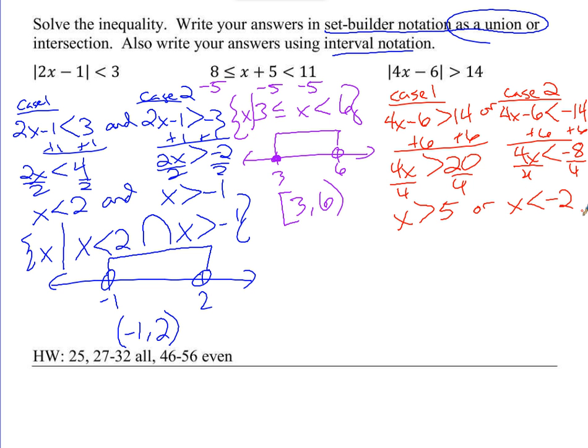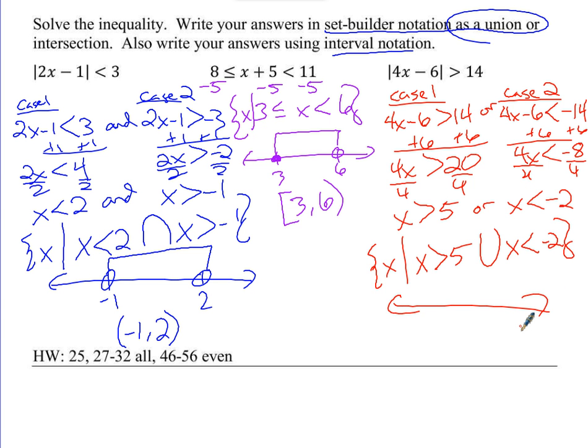Okay, set builder notation using intersection or union symbols. So we have squiggly bracket x such that x is greater than 5, what symbol? Union. X is less than -2. Draw the graph to help with the interval notation.